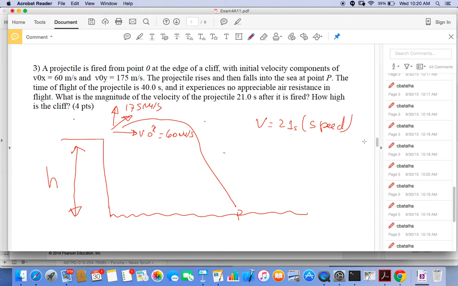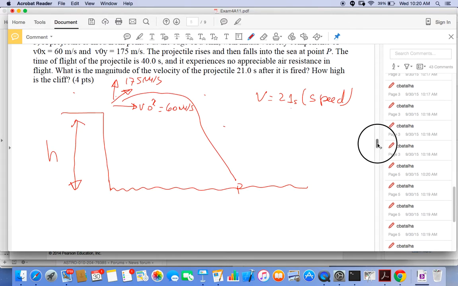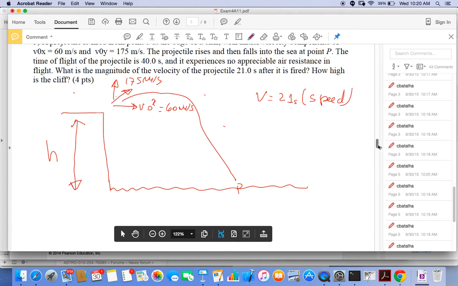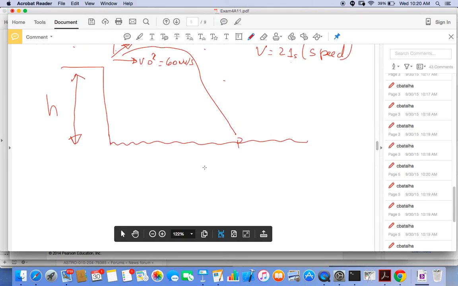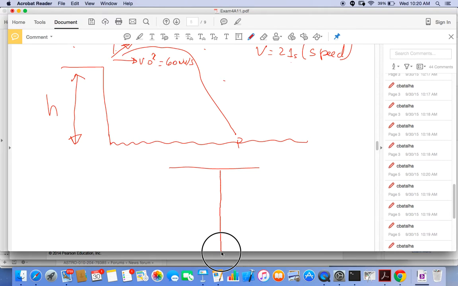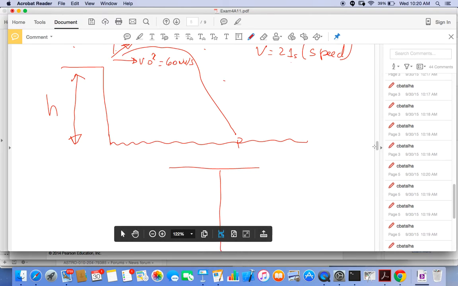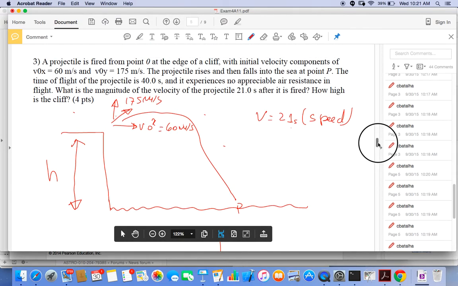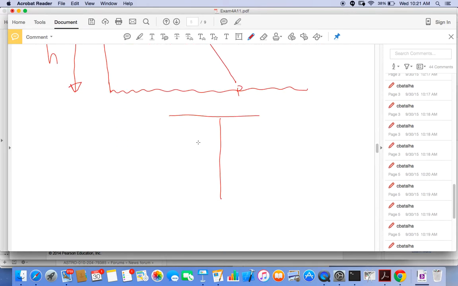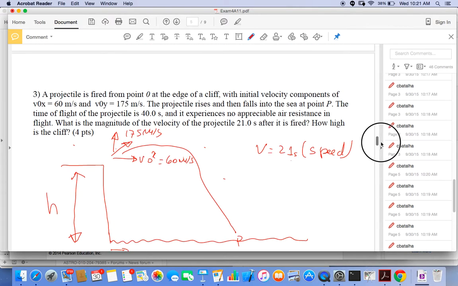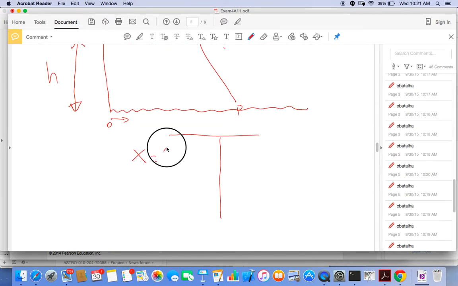Let me see if that's the only thing we need. Yeah, it's kind of the same problem as we did before. In projectile motion, you have two basic components, one in x and another in y. The x component gives position at any given point from the origin, and that is x equals v naught x times time.